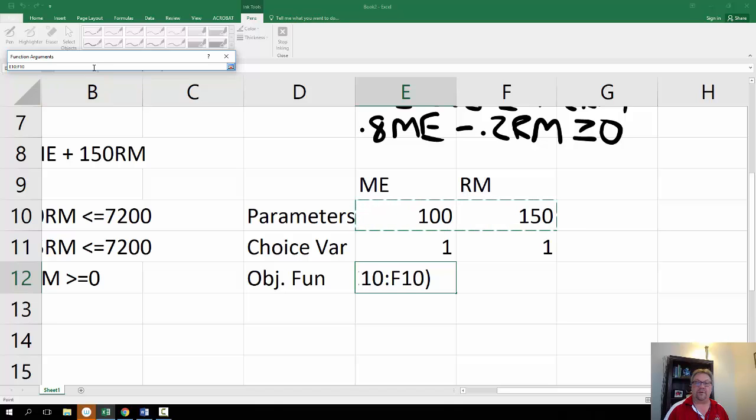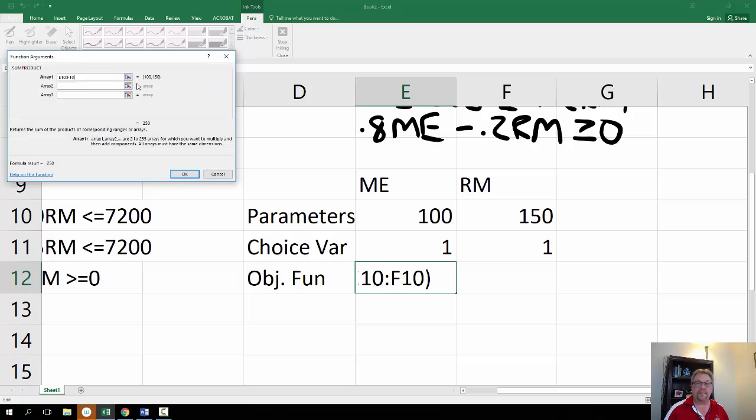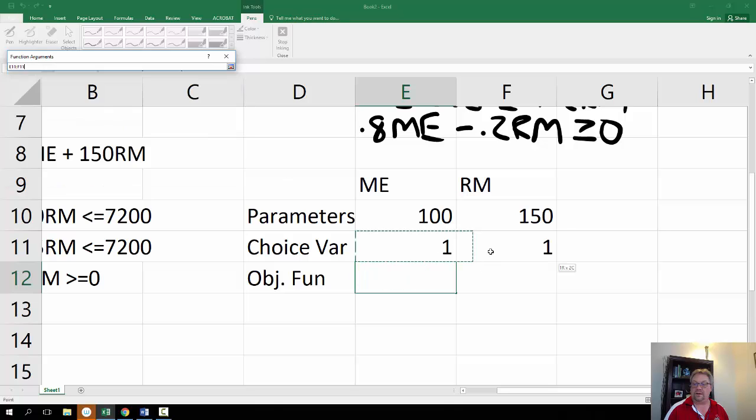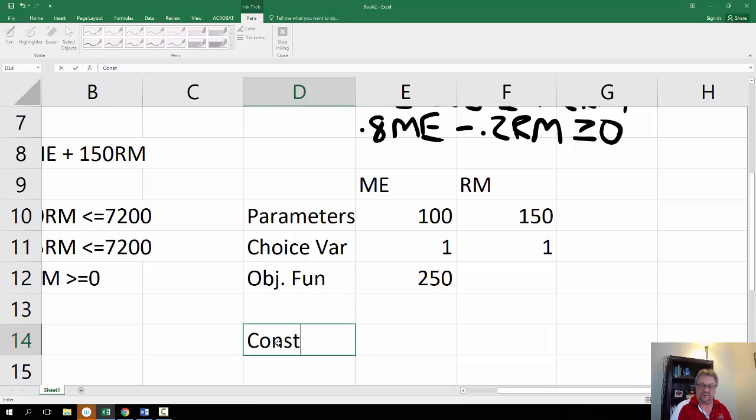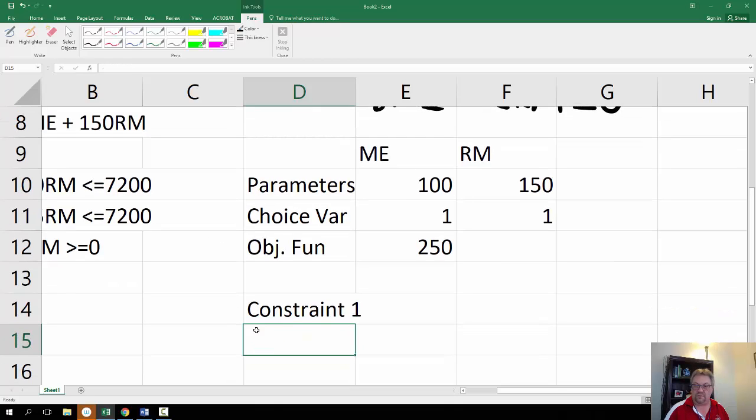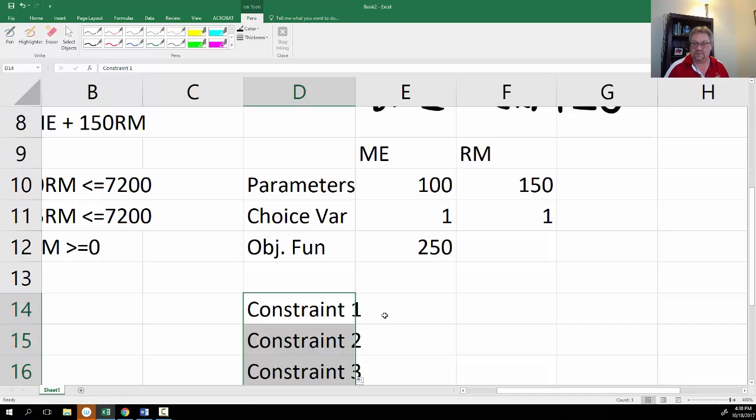So highlight my parameters. Highlight the choice variables. Hit OK. And then I got my constraints. Constraint 1. Constraint 3.